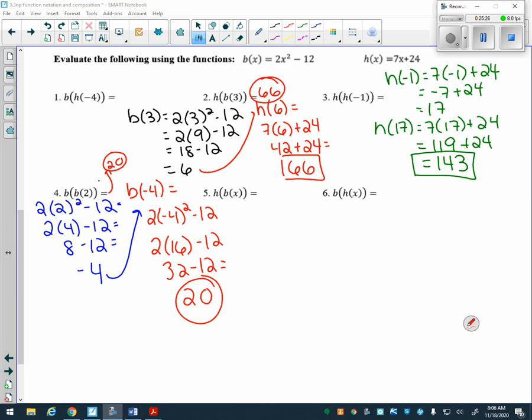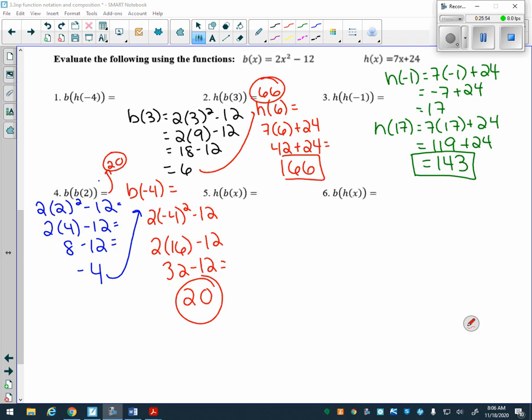So you first start with h of negative 1 and get 17. Then you take 17 and input it back into 7x plus 24, and you end up with 143. Then for number 4, you have b of 2. So input 2 to the b function, and you end up with negative 4. Then you take negative 4 and input it again into the b function, and you end up with a final answer of 20.